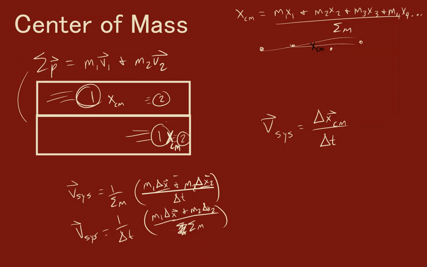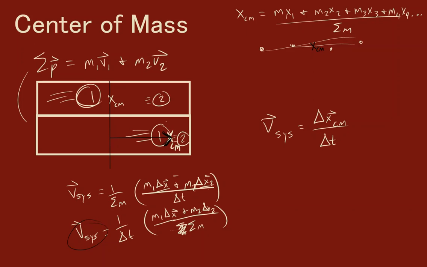It's gone from here to there. And the rate at which it changes that position, that velocity represents the velocity for the whole system.